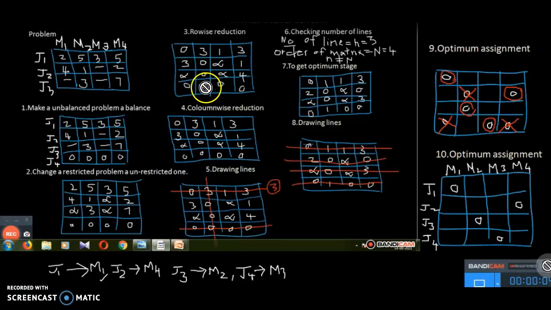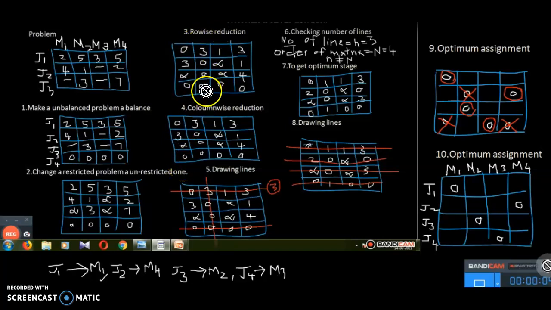Now the next step is that the same reduction we did row-wise, we have to do column-wise also. So the least element here is 0, the same least element is here 0, therefore 0 minus 0 is 0, 3 minus 0 is 3, infinity minus 0 is infinity, 0 minus 0 is 0.